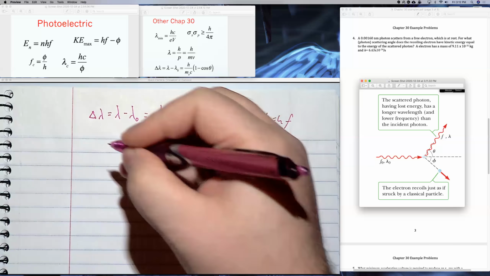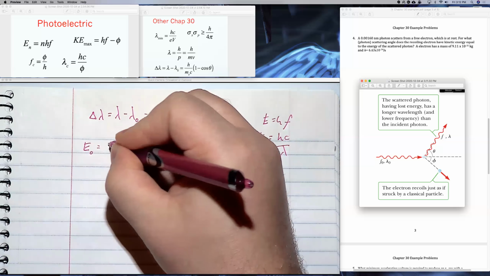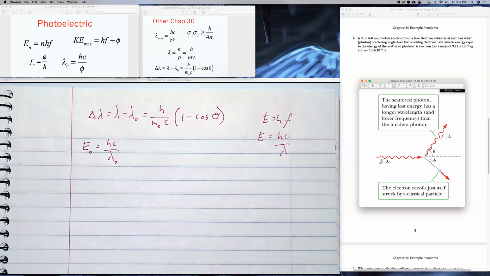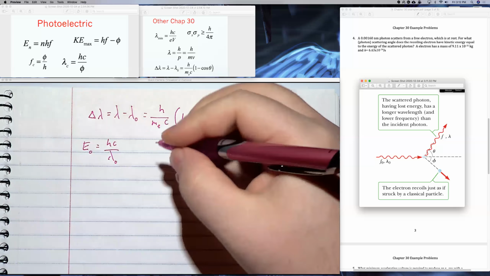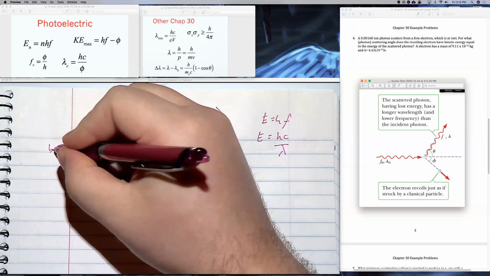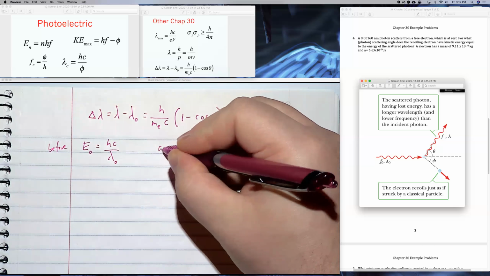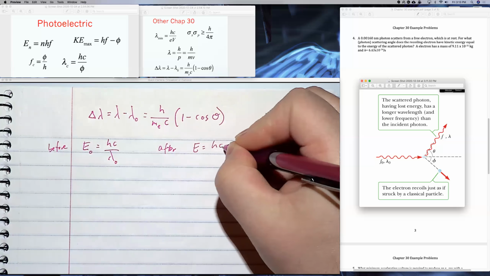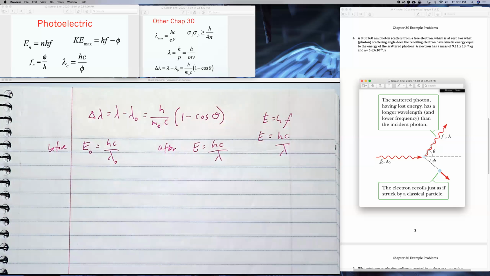And so the initial energy is going to be hc over lambda, which I know. I know lambda. Oh, I should really say hc over lambda naught. After the collision, it's going to have an energy of hc over the new lambda, whatever it is.